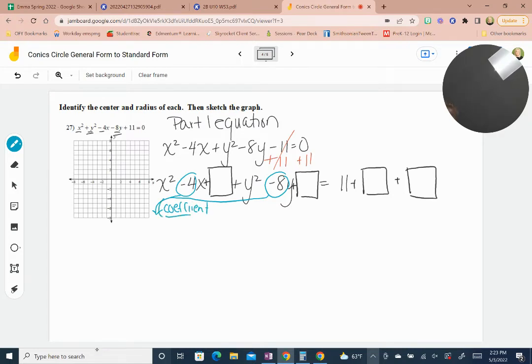So coefficient divided by 2 squared. Negative 4 divided by 2 squared is negative 2 squared, which is 4. Okay, and for this one, negative 8 divided by 2 is negative 4 squared, which is 16.